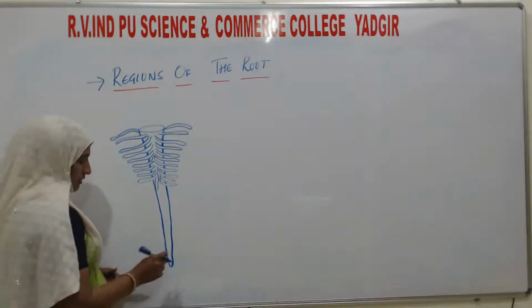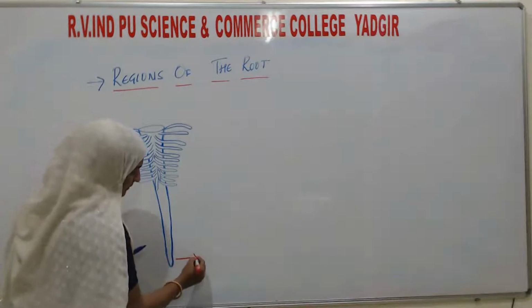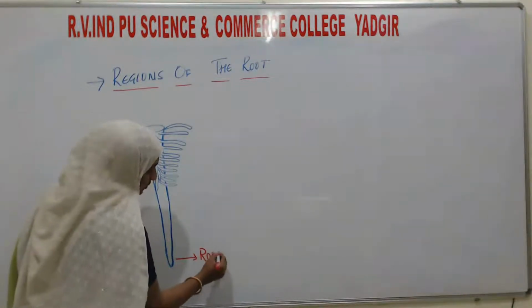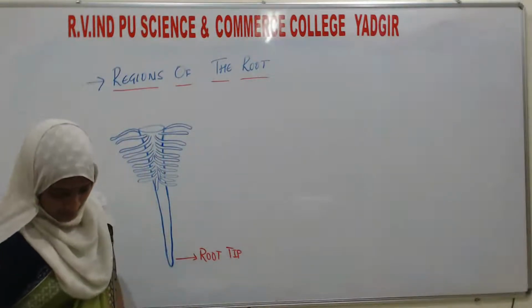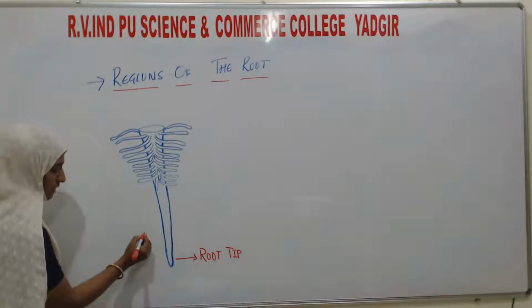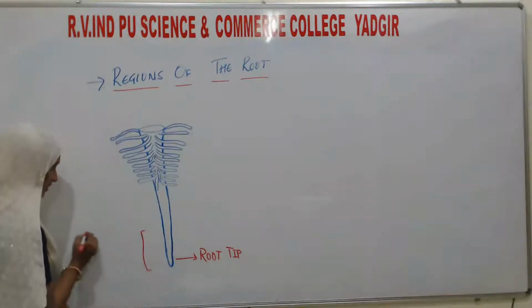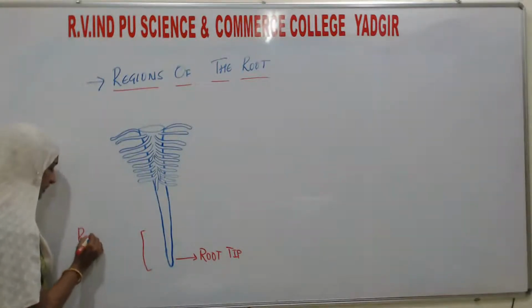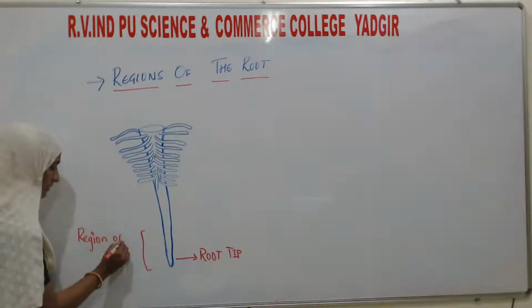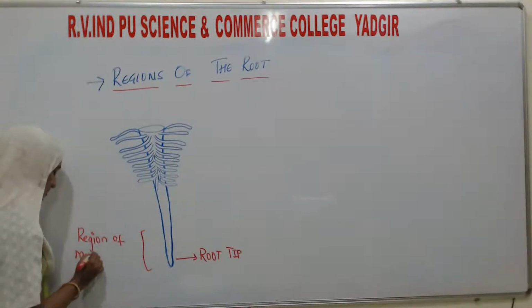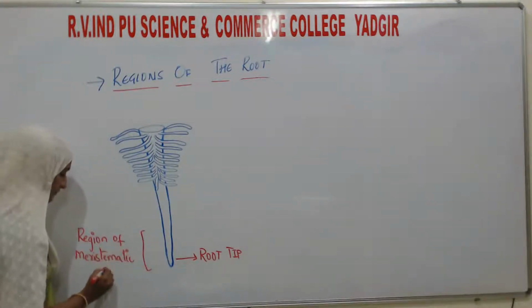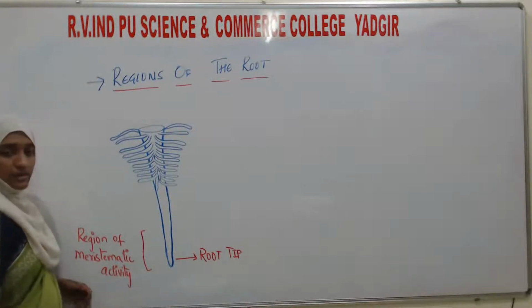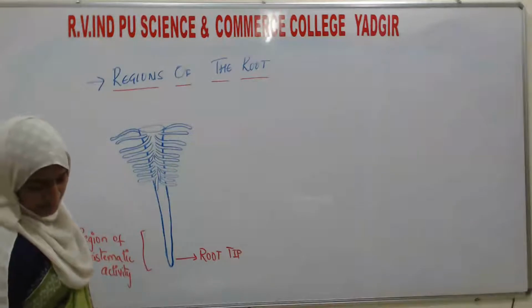Here, this part is the root tip. The next region we can call the region of meristematic activity.